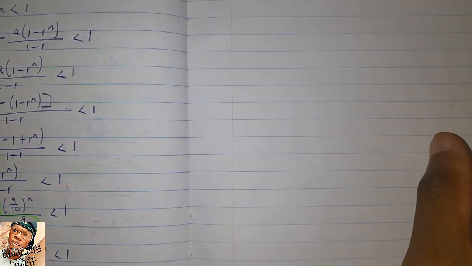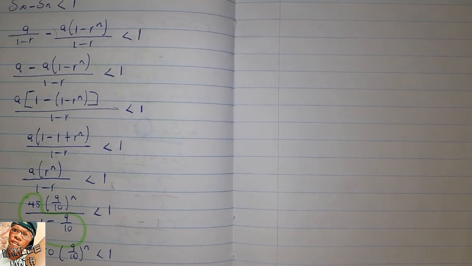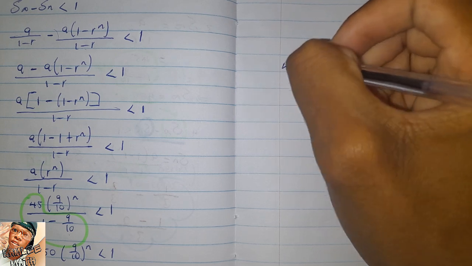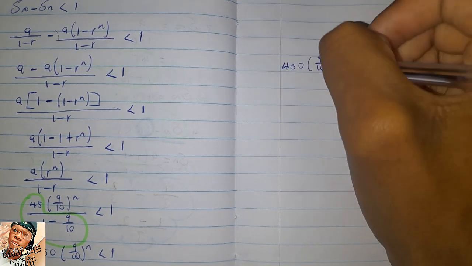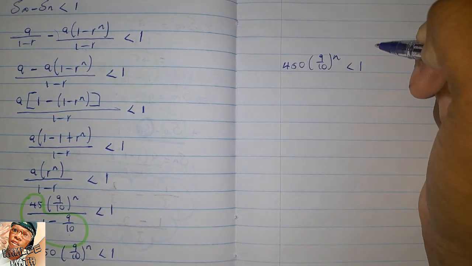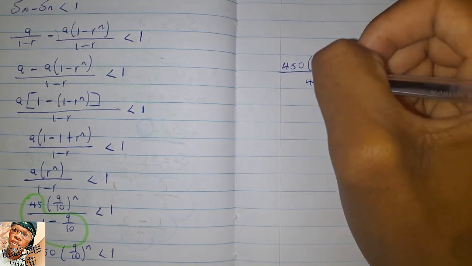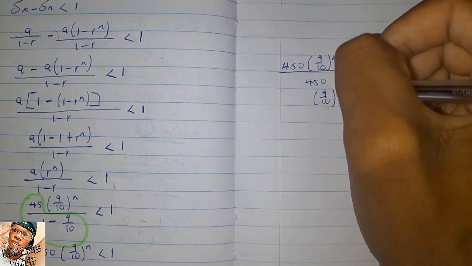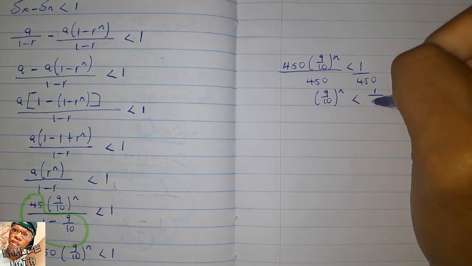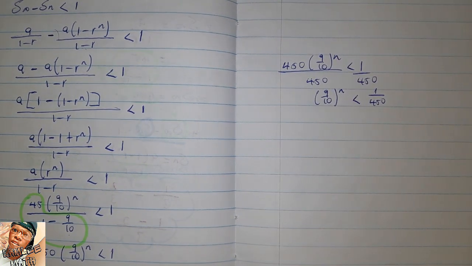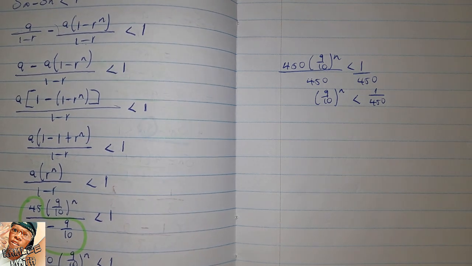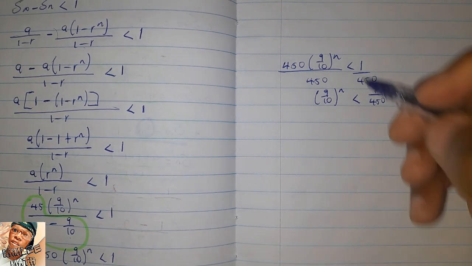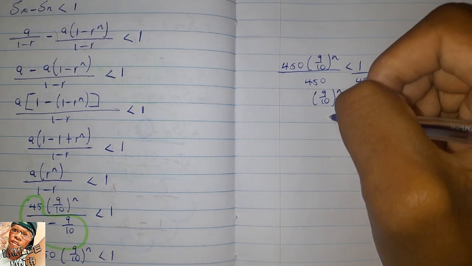I have 450 multiplied by 9 over 10 to the power n is less than 1, so dividing both sides by 450, I get 9 over 10 to the power n is less than 1 over 450. Then from here I can introduce logarithms, right?